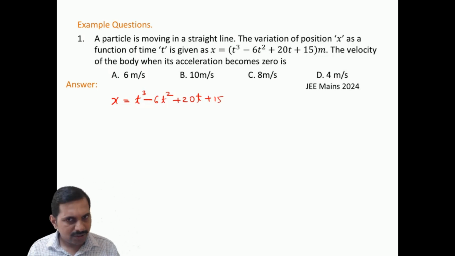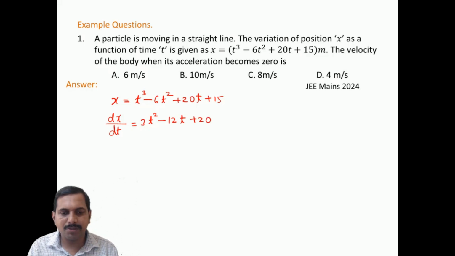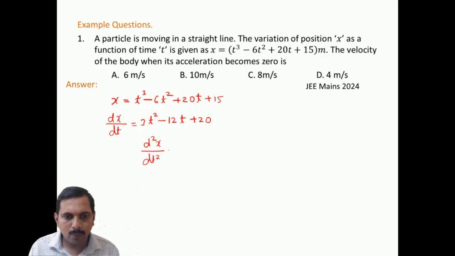Now let us differentiate this, because velocity is differentiation of displacement, dx by dt, which is equal to 3t square minus 12t plus 20, right? Here again, we'll differentiate this again. You will get d square x by dt square as 3 into 2, 6t minus 12, right?